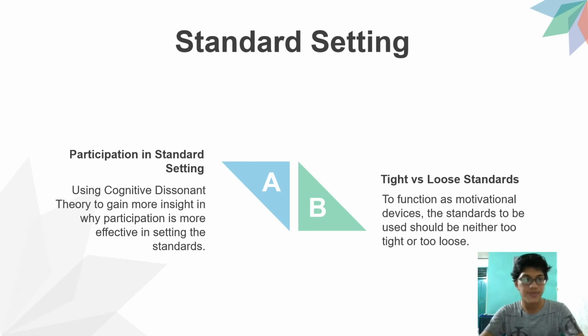For the theory, as you can see on the slide, they use it to gain more insight into why participation is more effective when setting the standard in the company.